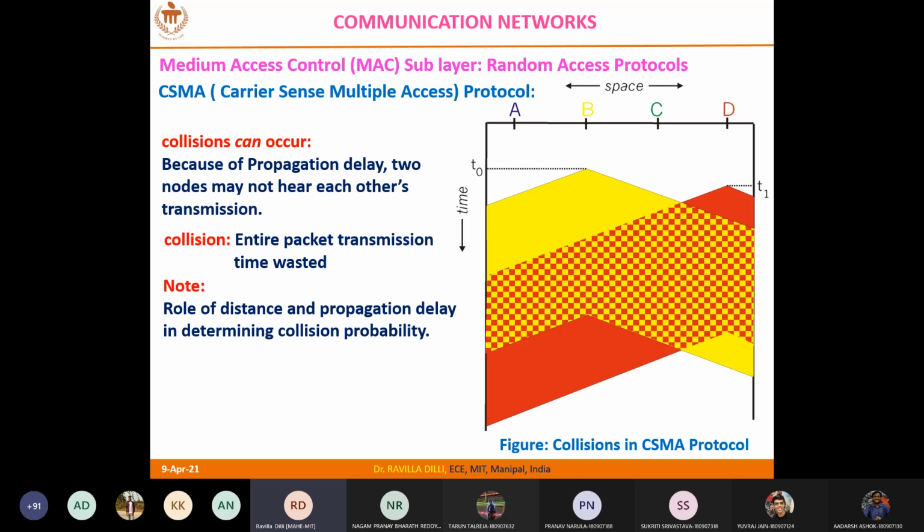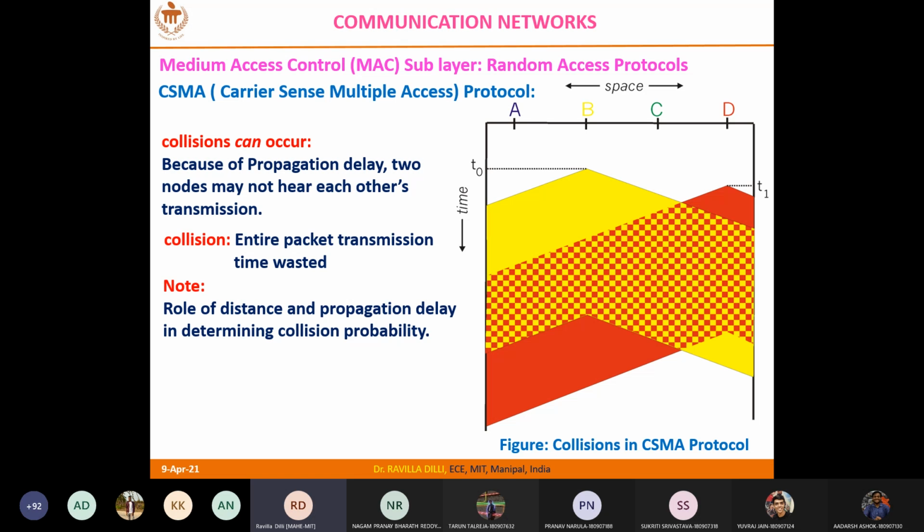So this is another example. You can see there are 4 nodes. B has sensed the channel at instant T0 and has started its transmission. Immediately after that, node D has sensed the channel at instant T1, where the frame bits of B are yet to arrive at node D. So when node D sensed the channel at instant T1, it looked idle, so D also started its transmission.